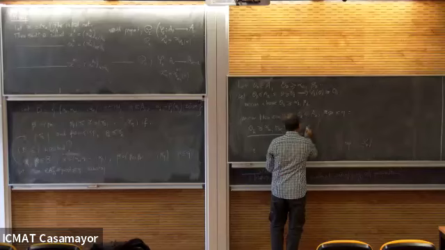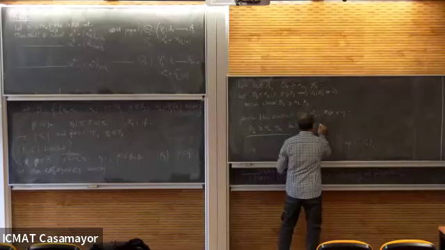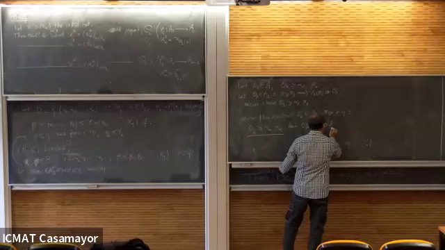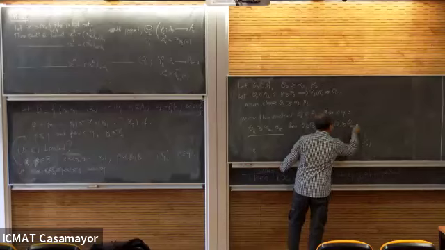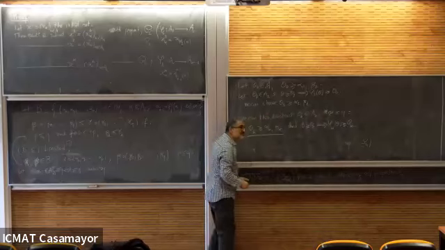And if theta is more or equal than theta k, then p_k of theta is more or equal than theta k minus 1, like we did here.